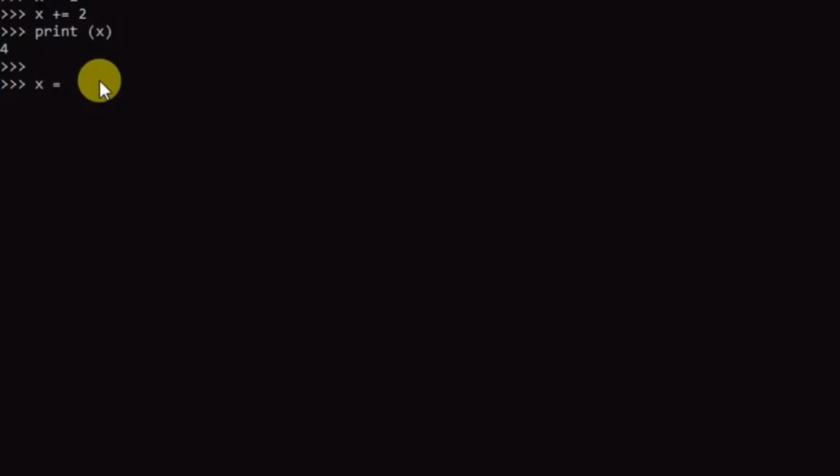The second one is x's value 2 and minus equals 2, for the subtraction. We write print the value of x. The answer is 0, as 2 minus 2 is equals to 0.